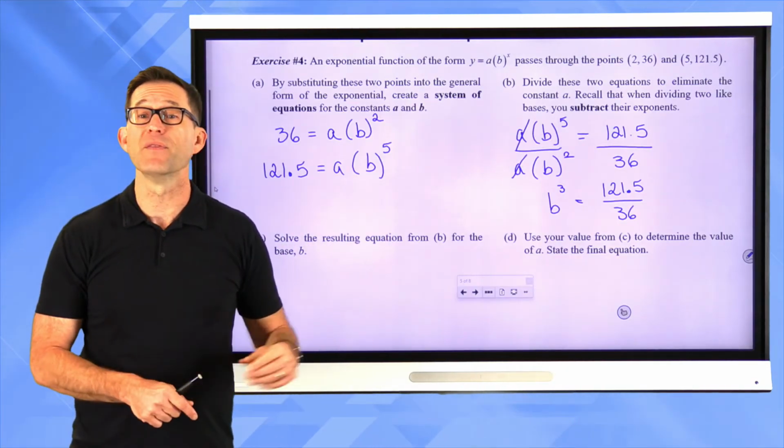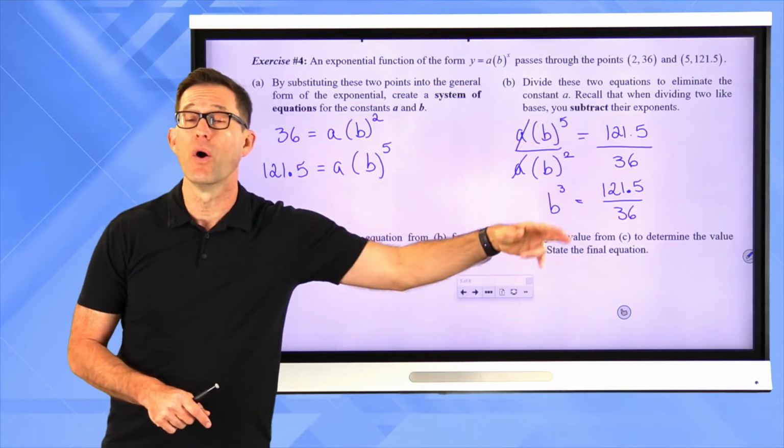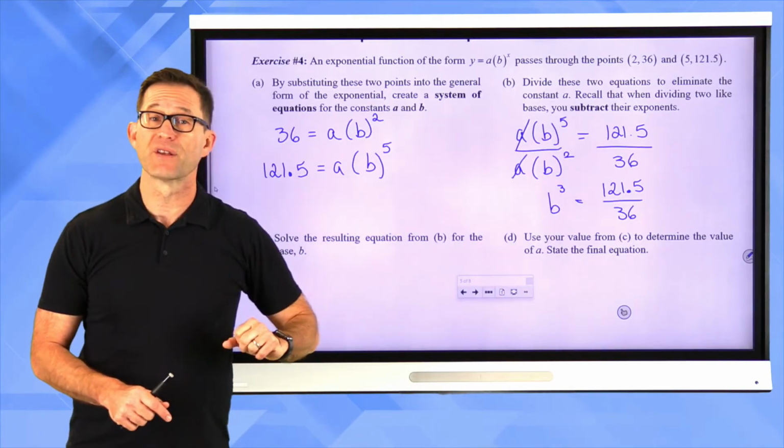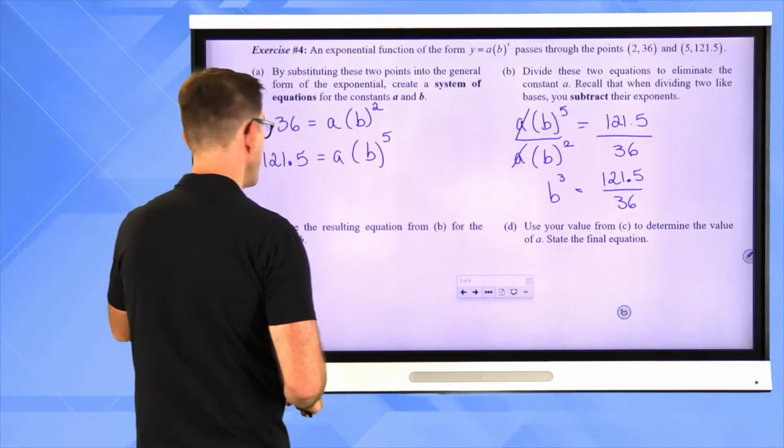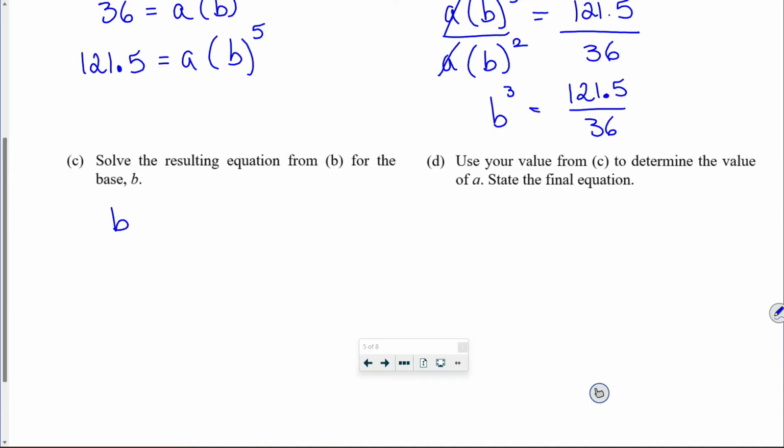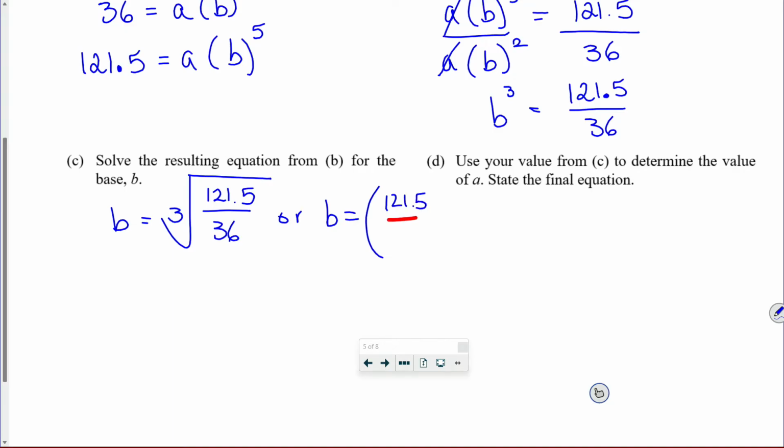B will simply be the cubed root of this ratio, or this ratio raised to the 1/3 power. All right, so b is either equal to the cubed root of 121.5 divided by 36, or b is equal to 121.5 divided by 36 to the 1/3.